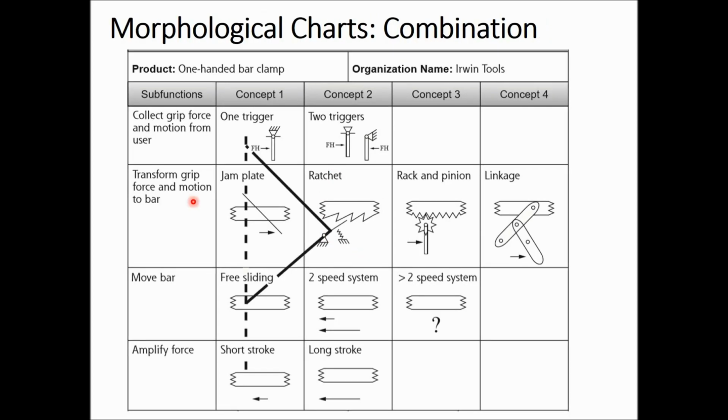As a complete solution to the problem, you can combine different concepts, as you can see here. So you can generate several possible solutions for the problem by considering different combinations, as in the case of the combination table we discussed a while ago.